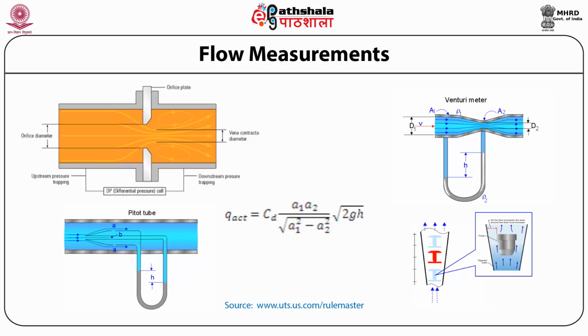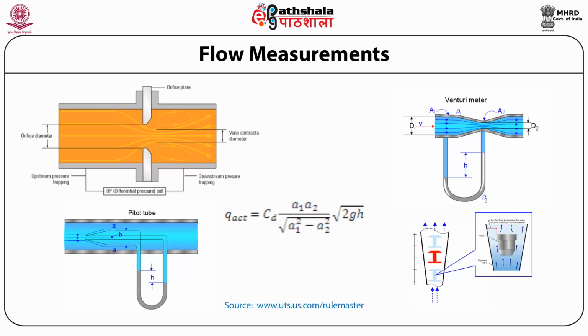Venturimeter consists of a converging section, a throat section and a diverging section. A U-tube manometer is attached at 2 points, that is one limb before the entrance and the other limb is attached at the throat. When fluid flows, the area becomes constricted, thus the velocity increases.